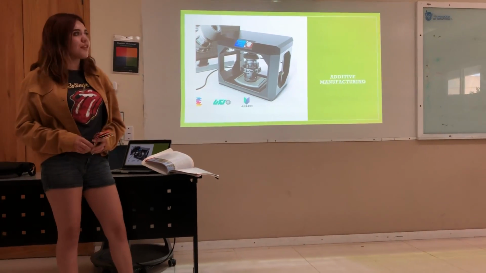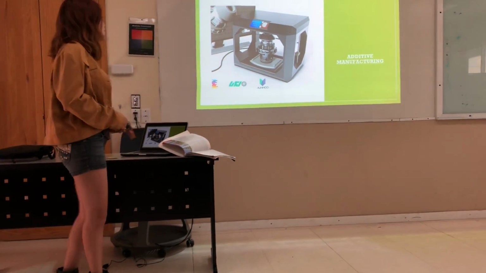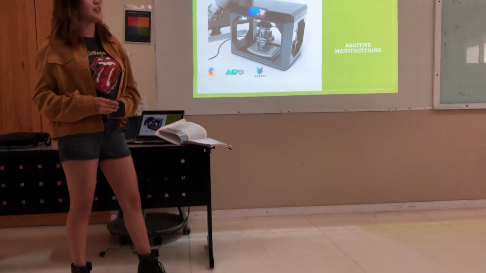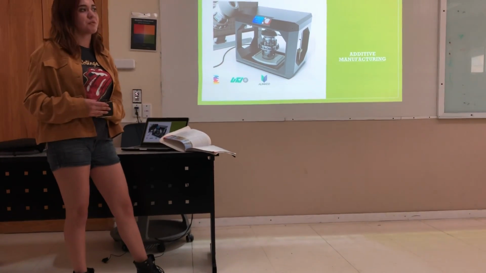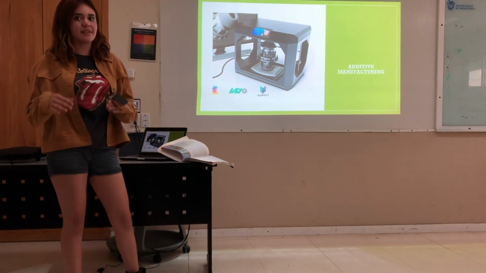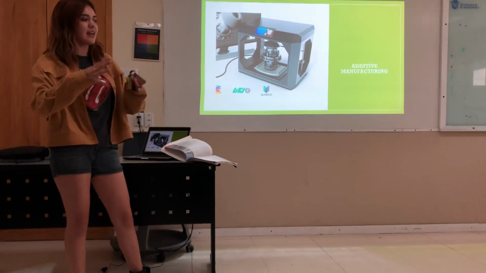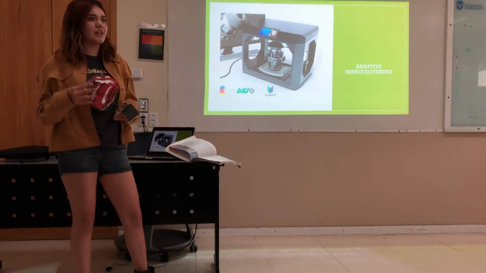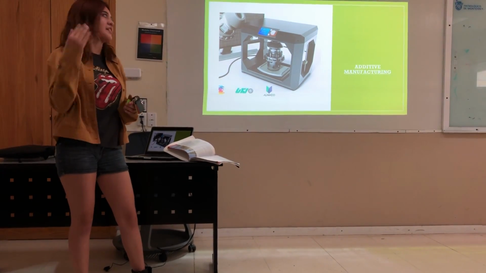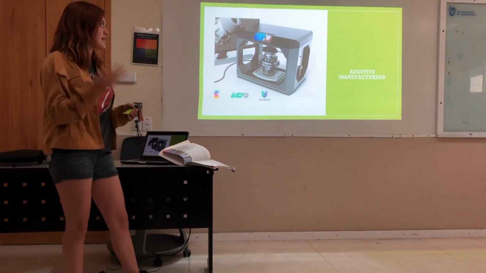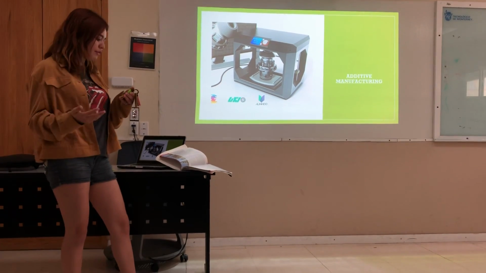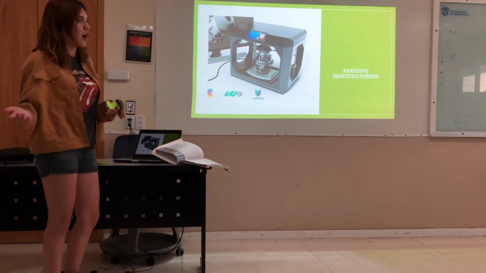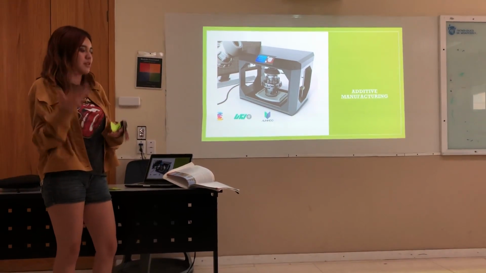So now the other thing that I wanted to introduce to you is additive manufacturing. Additive manufacturing is what we usually know as 3D printing, which means creating a model by computer in 3D and printing it by layers. That's why it's named additive manufacturing. And it creates an object that can be useful.